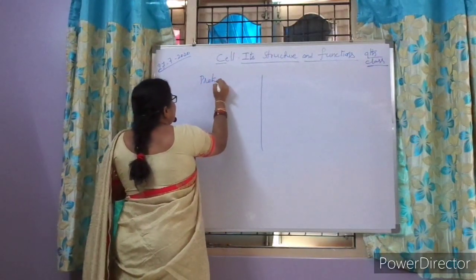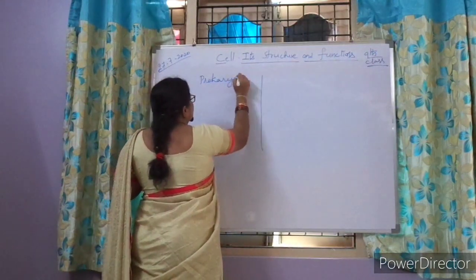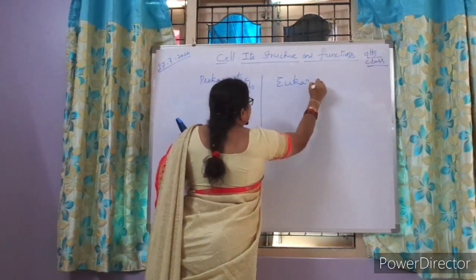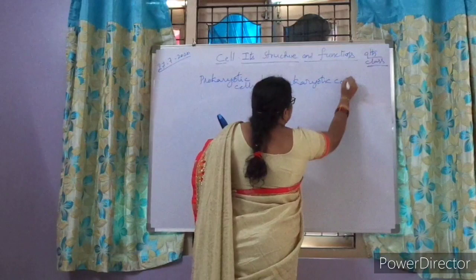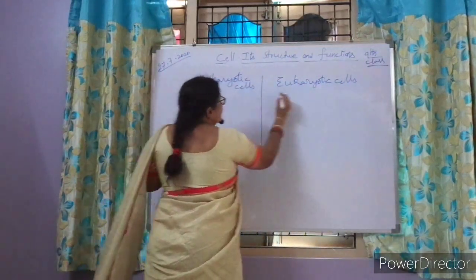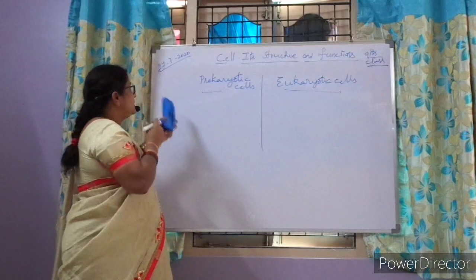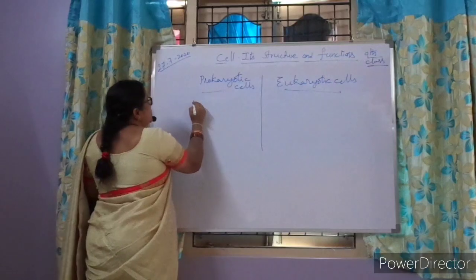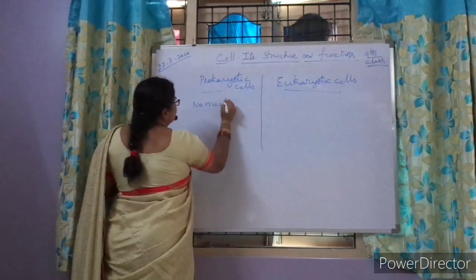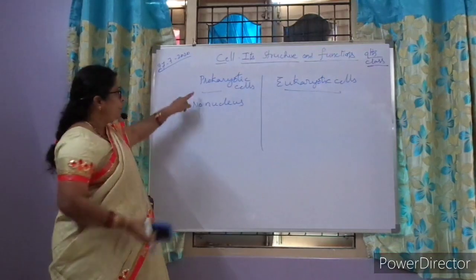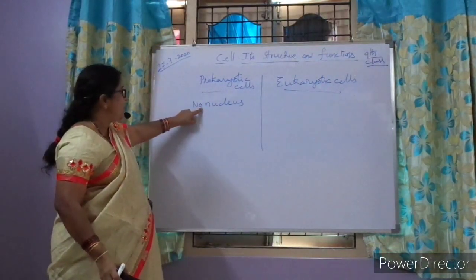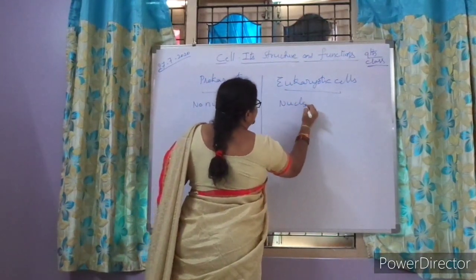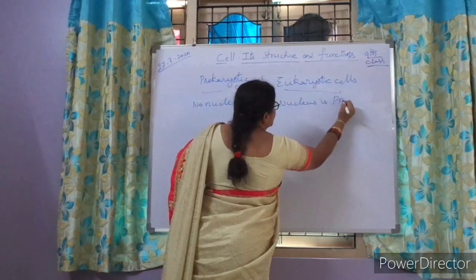Differences: prokaryotic cells and eukaryotic cells. So what does it mean? Prokaryotic, as you have just learned, means no nucleus. A cell without a nucleus means prokaryotic cells do not have a nucleus. In eukaryotic cells, the nucleus is present.